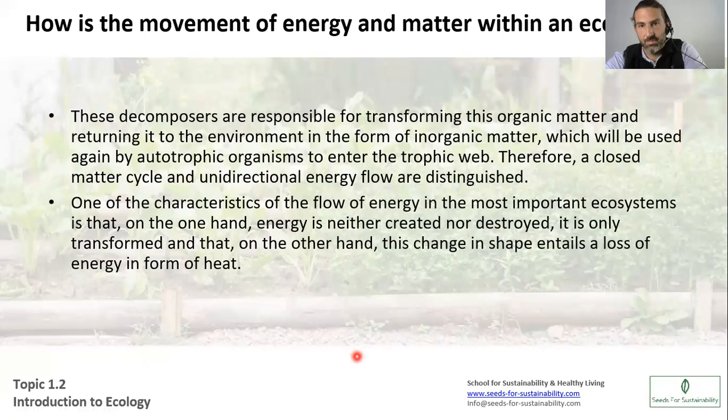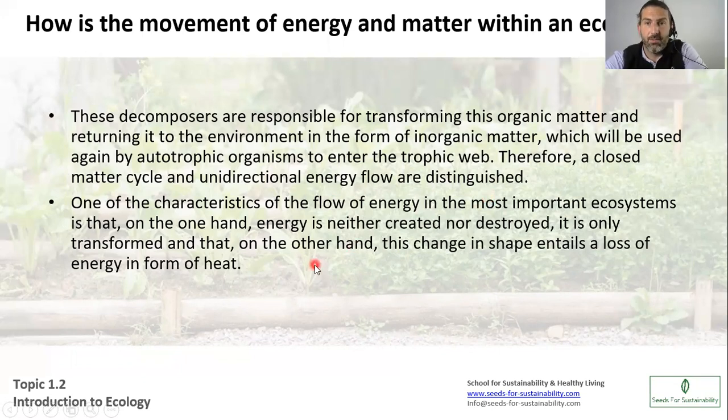These decomposers are responsible for transforming this organic matter and returning it to the environment in the form of inorganic matter, which will be used again by autotrophic organisms to enter the trophic web. Therefore, a closed matter cycle and a unidirectional energy flow are distinguished.